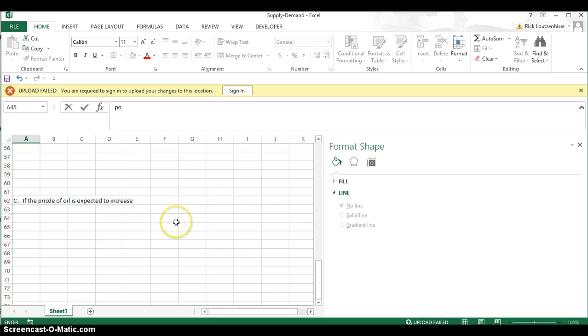When people think something's going to cost more money, they go and run out and buy it before it gets to that price, but they're all rushing out, increasing demand in the short term. They take the price up very quickly. So if the price of oil is expected to increase, the price of gasoline will go up now, not later, as long as the expectation is that the price is going to go up.